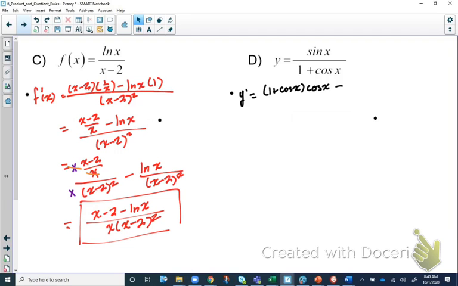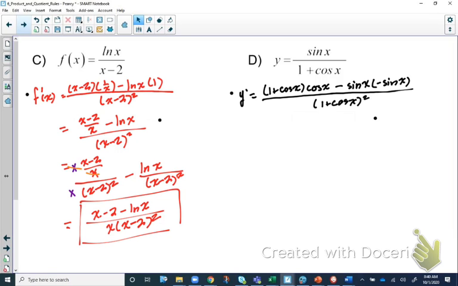Then we're going to subtract the high part, sine of x, and the derivative of the low part. Well, the derivative of the 1 is 0 because the derivative of a constant is 0, and the derivative of cosine is negative sine of x. And all of that is over the quantity 1 plus cosine of x squared.